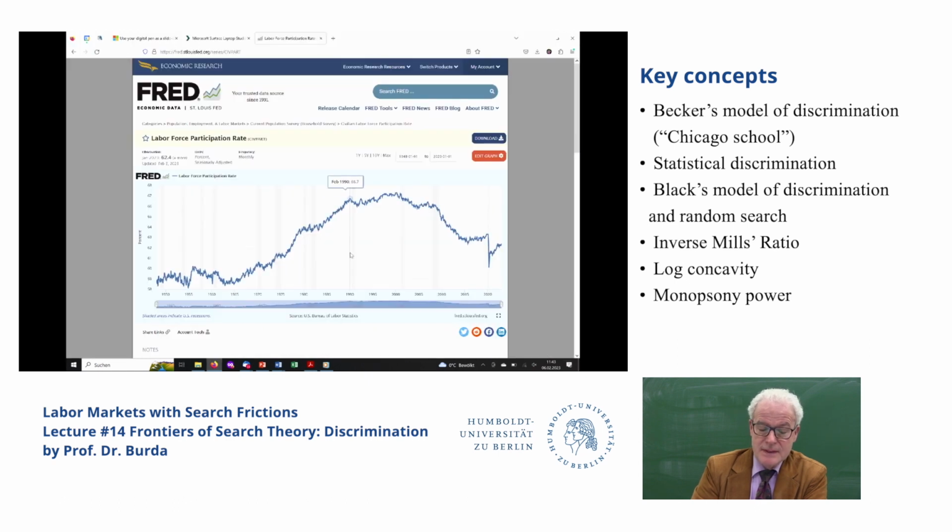This is to show you how important it is to think about the extensive margin of participation. This is the pandemic, right? And obviously a lot of people lost their jobs, but they also left the labor force. And they didn't come back.